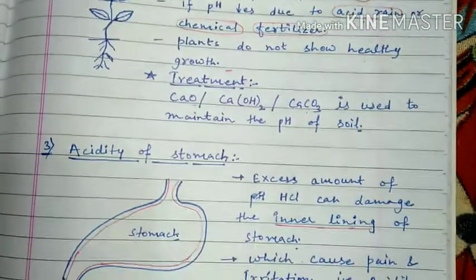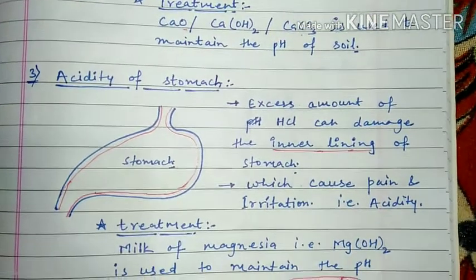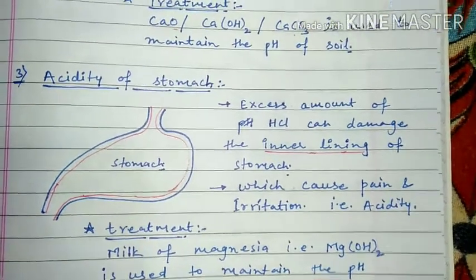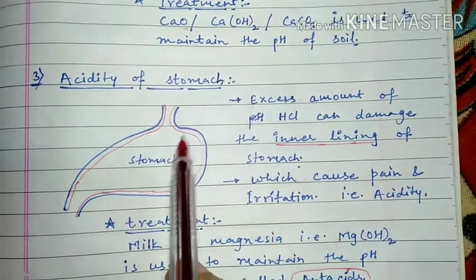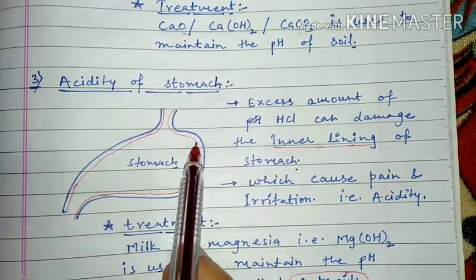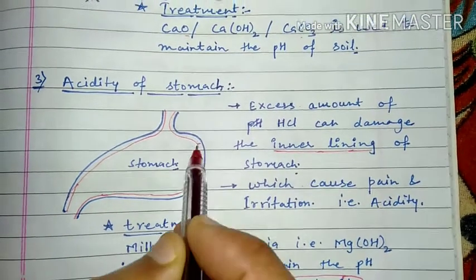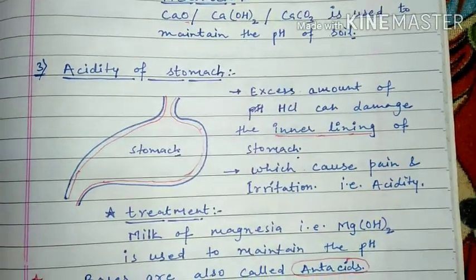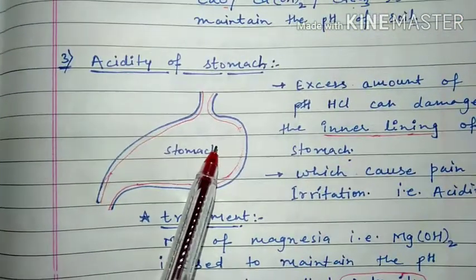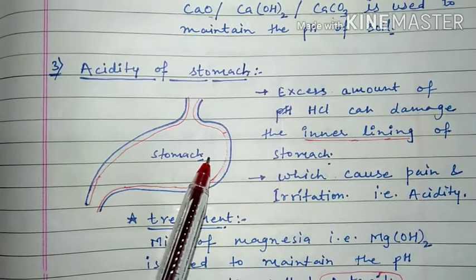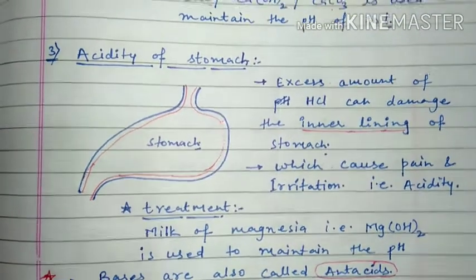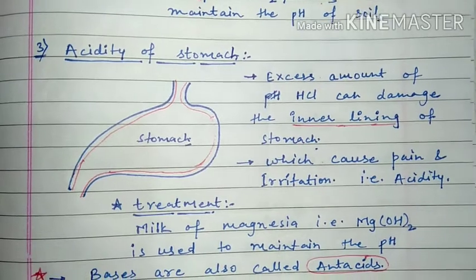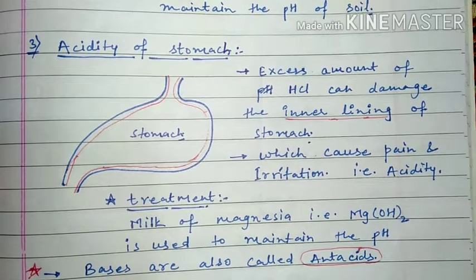Then student, we are going to discuss the acidity of the stomach. You need to know that the stomach has an inner lining, and this inner lining has gastric glands. These gastric glands release HCl for digestion and also to kill germs during the process of digestion.